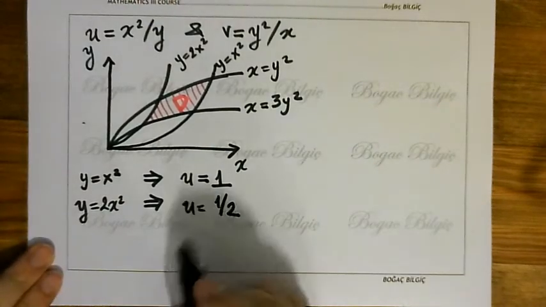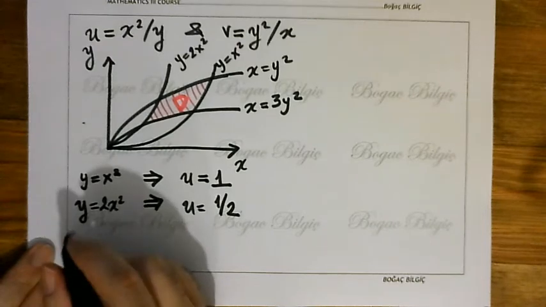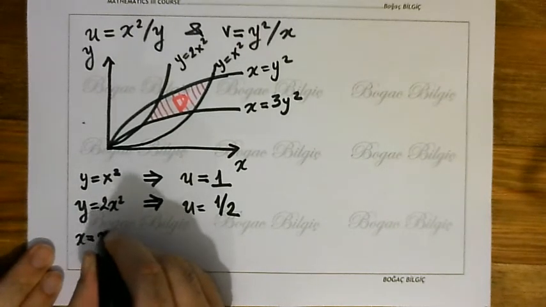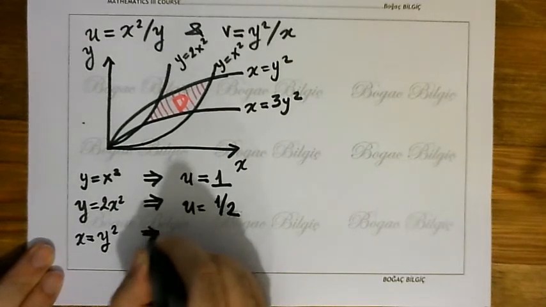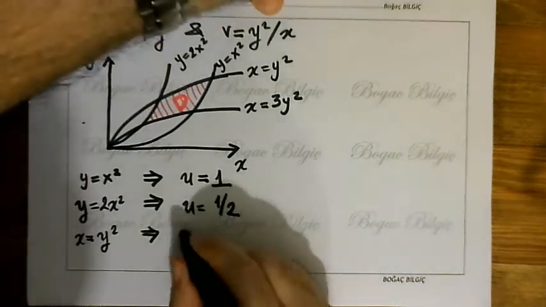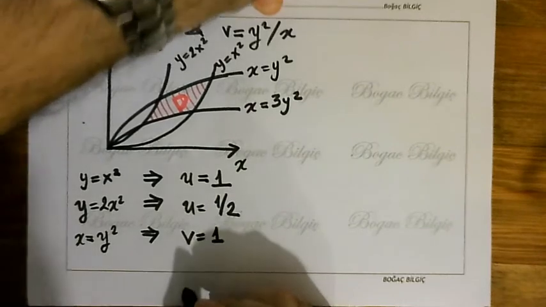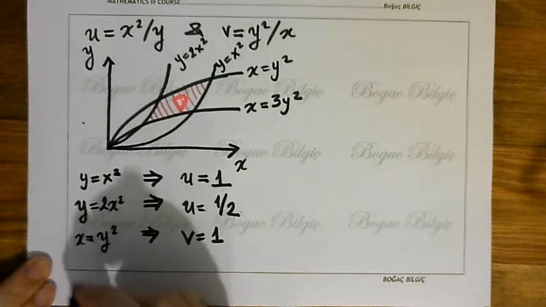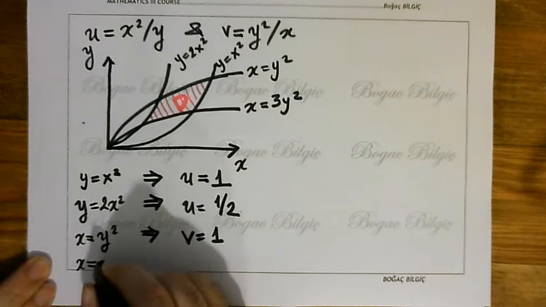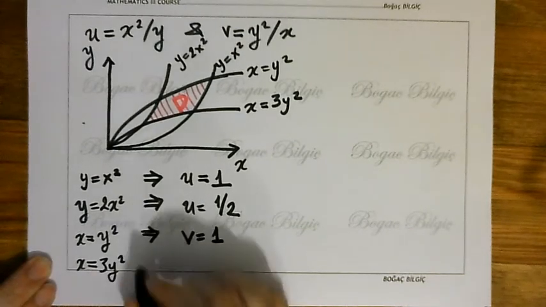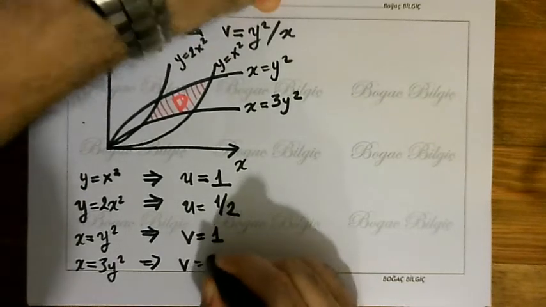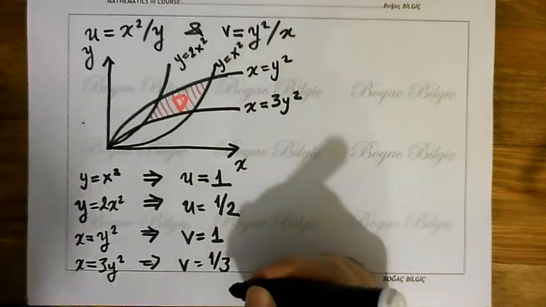And if you say x is y square, v is 1, and x is 3y square, v is 1 divided by 3.